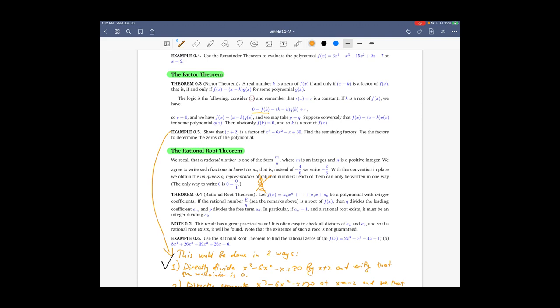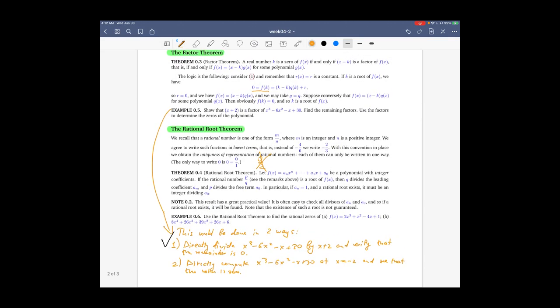All right, now the theorem itself. Suppose we have a polynomial, and this time we write it in full with coefficients, with a sub n being the leading coefficient, a sub 0 being the free term. And suppose that the coefficients a sub 0, a sub 1, up to a sub n are integers.